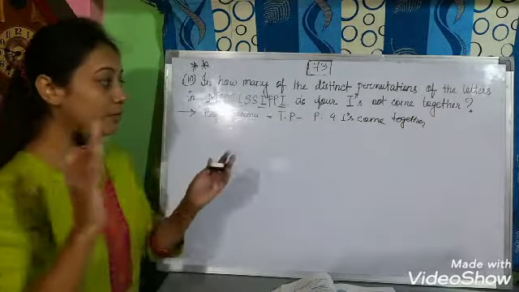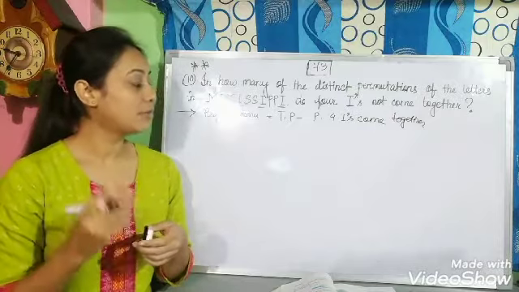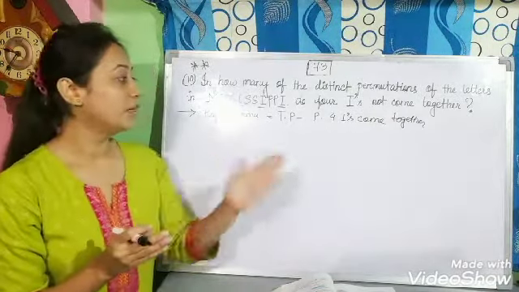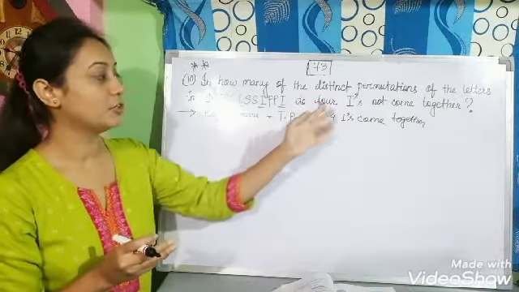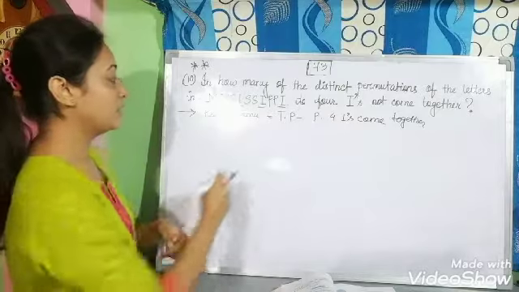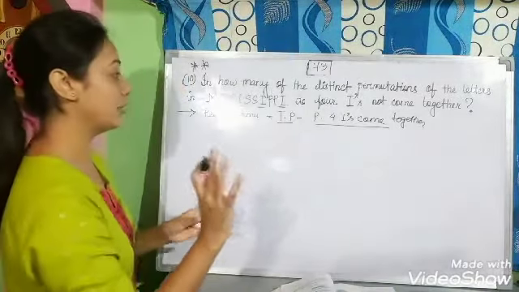So from the total number of permutations, if you subtract the total number of permutations where the 4 I's come together, then you will get the number of permutations where the 4 I's do not come together. So let us find the total permutations and the permutations in which the 4 I's come together separately.